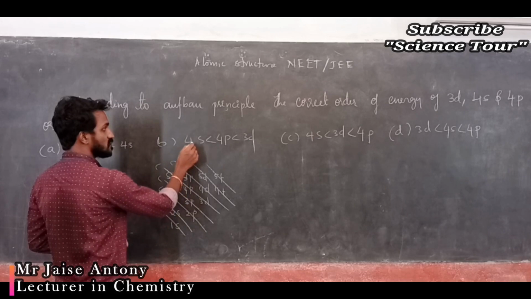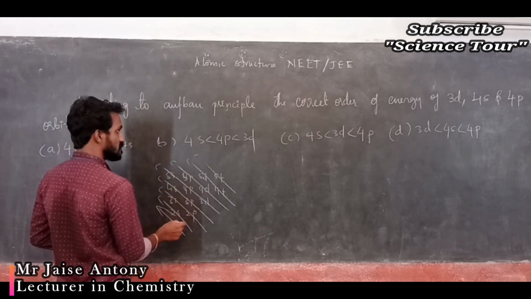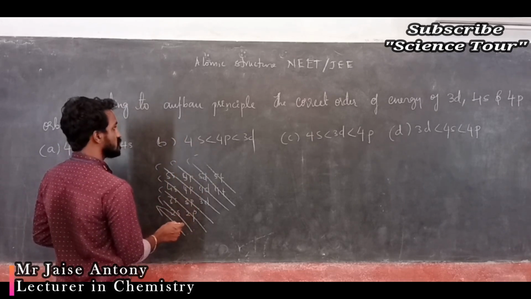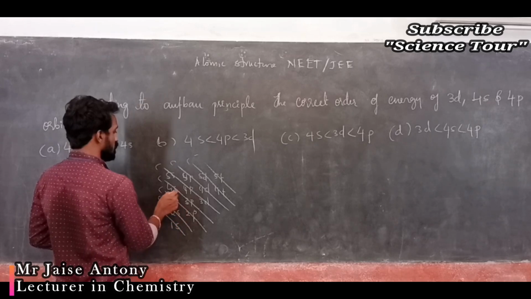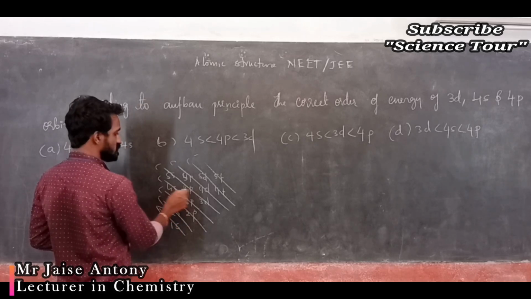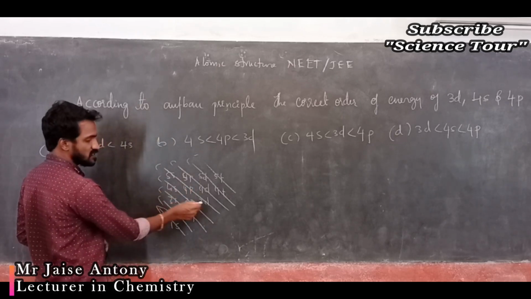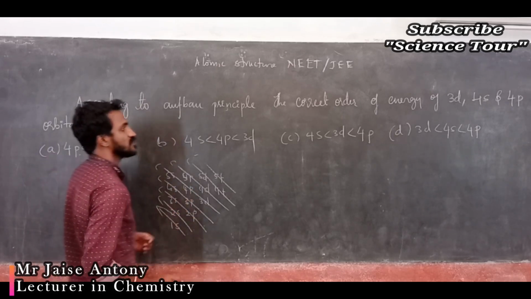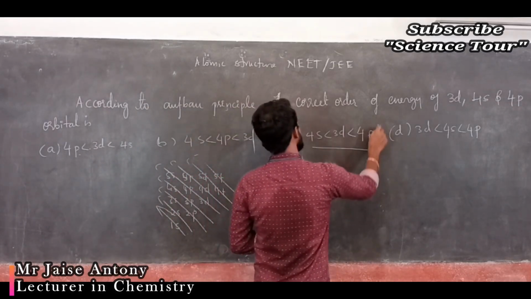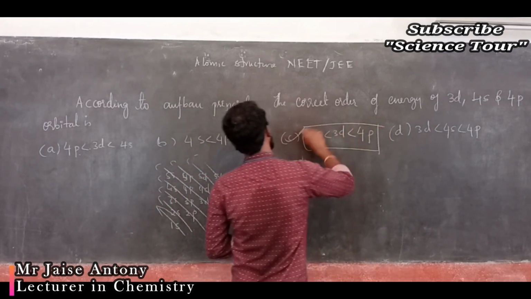Here 4s onwards started. In all cases 4s first. After 4s, then 3d, then 4p. Which one is correct? 4s, 3d, 4p. This is the correct one. Understood?